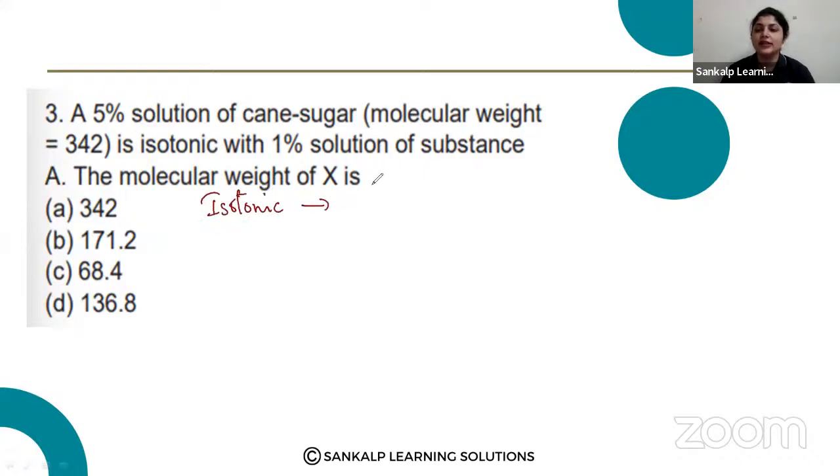Isotonic means they have the same osmotic pressure. So when both the solutions have the same osmotic pressure, they are said to be isotonic.